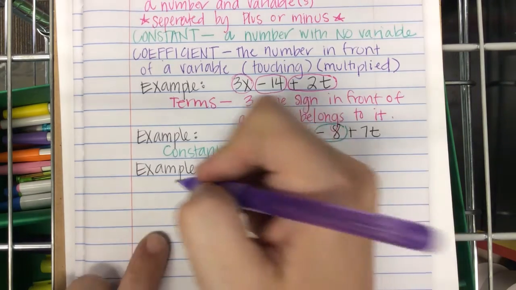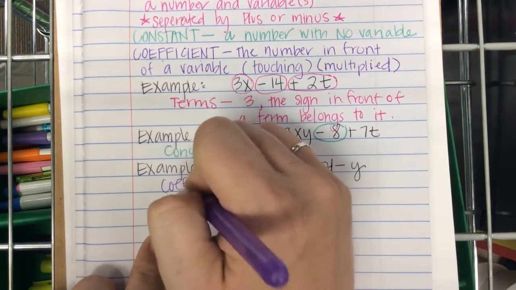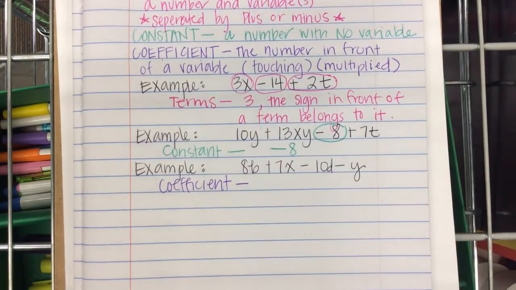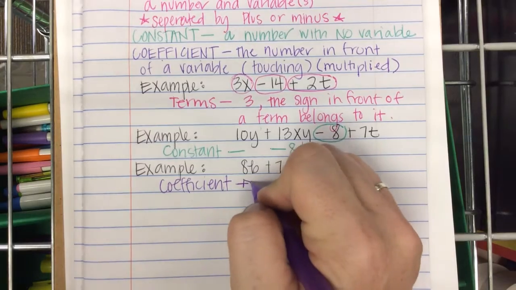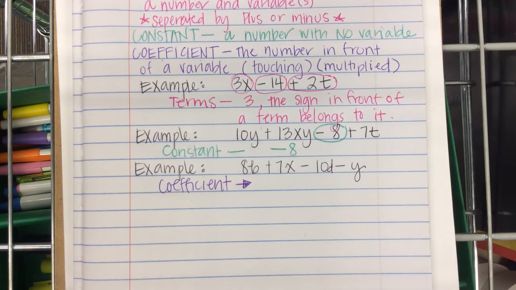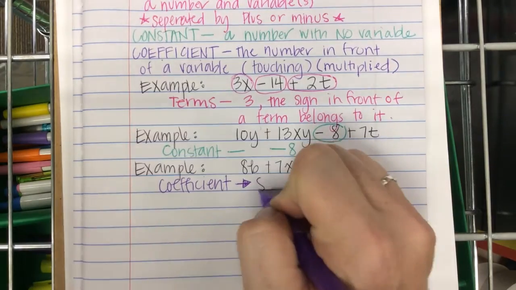We're going to go now to coefficient. What's the first coefficient in this problem? Coefficient is the number in front of a variable. Caden? 8.